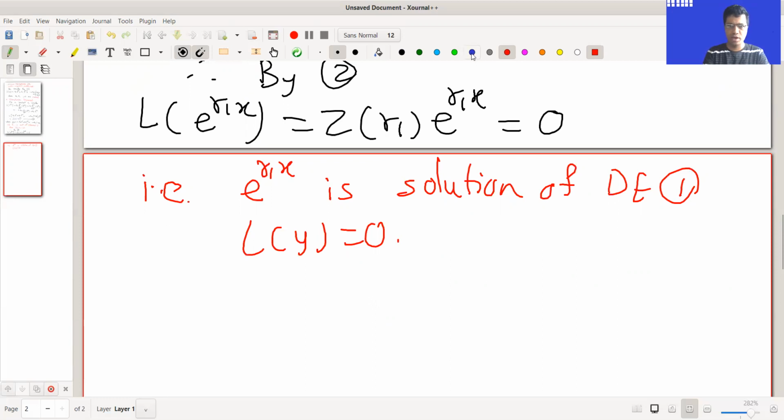This polynomial z of r is called the characteristic polynomial.